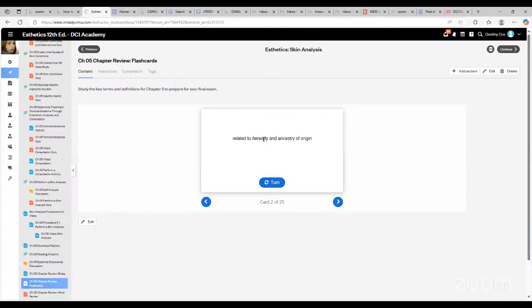Yes, related to heredity and ancestry of origin. If you saw this, would you be able to connect the two on the exam? Great. Because you already got DNA, and then you're looking at ancestry of origin, heredity. All of that would go back to genes, genetic.